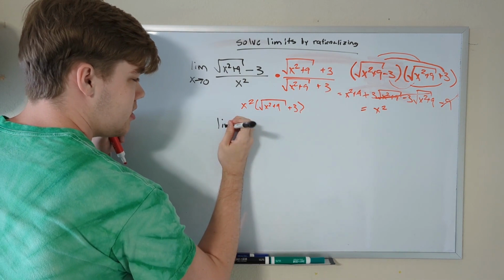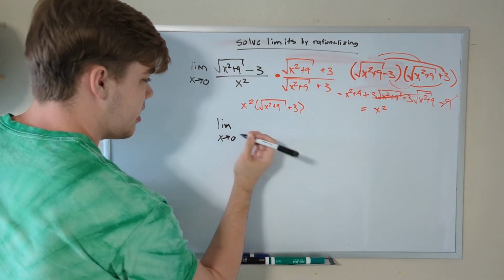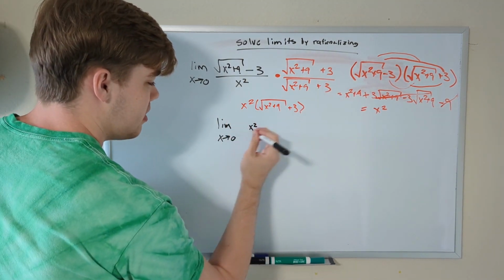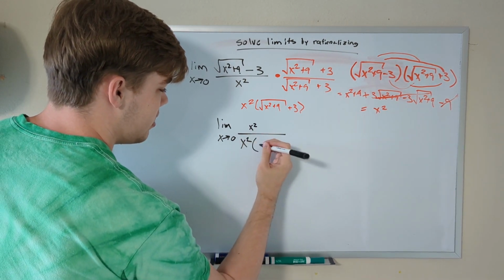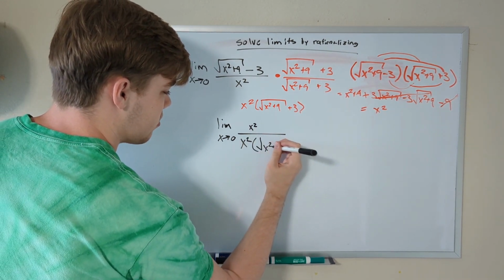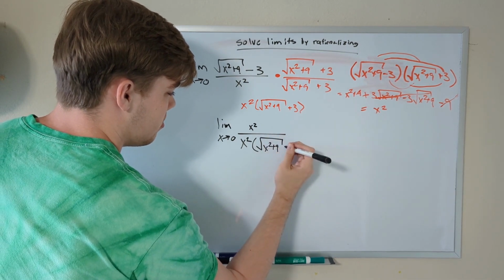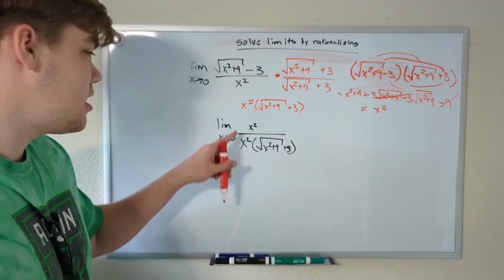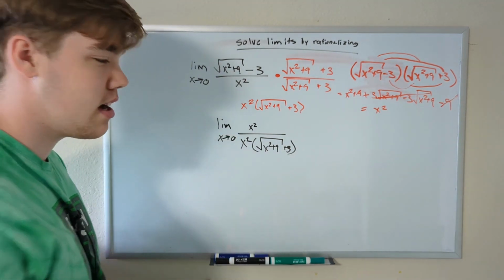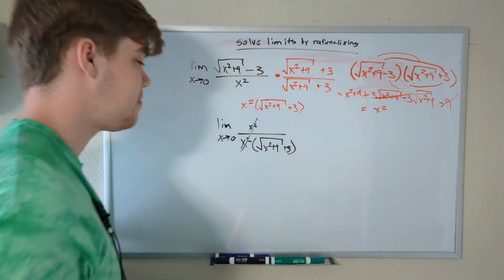So now we have the limit as x approaches 0 of x squared on top divided by x squared times the square root of x squared plus 9 plus 3. And you may notice that we have an x squared on top and an x squared on bottom, and those two will cancel.